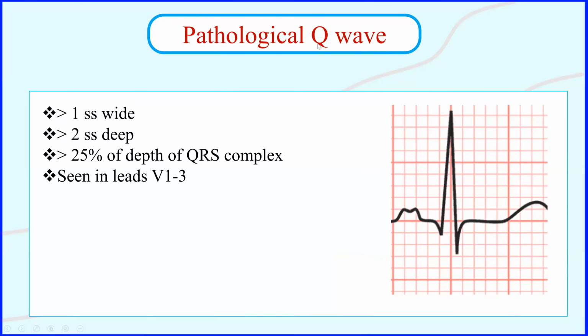And the last pathological Q wave scenario: if you see it in V1, V2, V3, this is always pathological. Okay, so what does a pathological Q wave indicate? It indicates either a current MI, if the patient is having a myocardial infarction now, or a previous myocardial infarction.